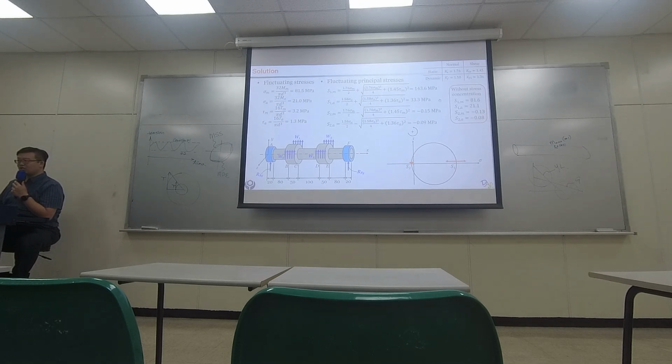Here, I compare with the earlier slide. These are the values without stress concentration, and these are the values with stress concentration. It seems like with stress concentration, we have greater stress levels. Earlier, the mean value was 81 plus and minus 21. But now, with stress concentration, the mean becomes 143 plus or minus 33.